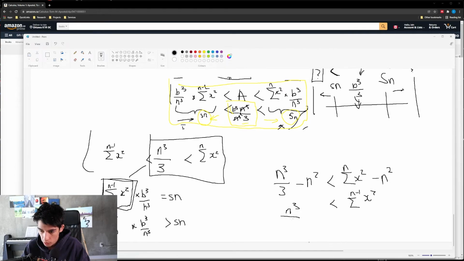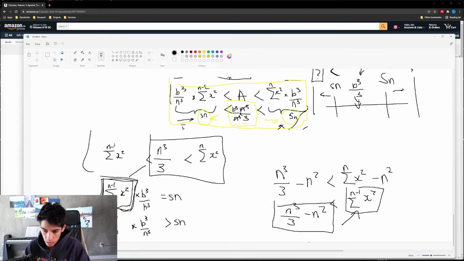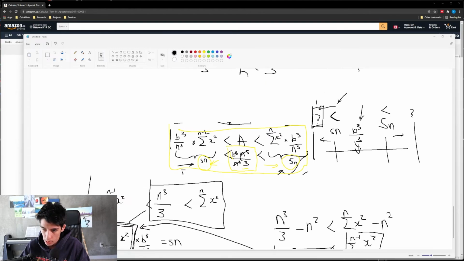n cubed over 3 minus n squared. So we know that this number is smaller than this number, right? And this summation is the same summation that's being used right here. So if we sub in this number here, then this will yield us a term that's less than Sn, which is the smaller lower bound here.